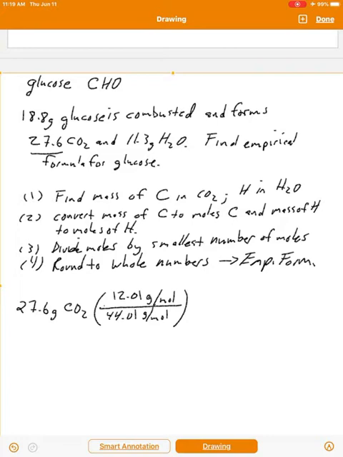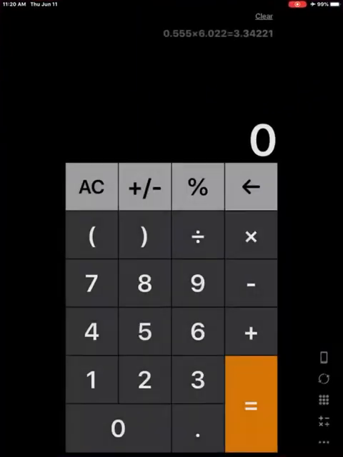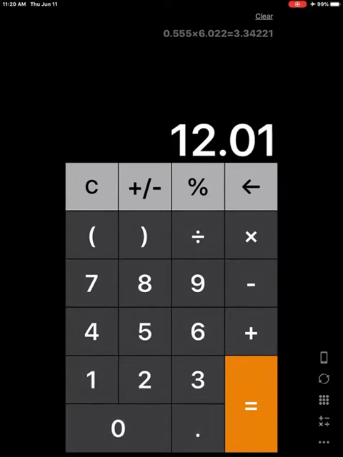So if you take the mass of CO2, then multiply it by the ratio of the molar mass of carbon relative to the molar mass of carbon dioxide, that will give you the mass of carbon that's in the compound. So let's bring up our calculator. 27.6 times 12.01 divided by 44.01.